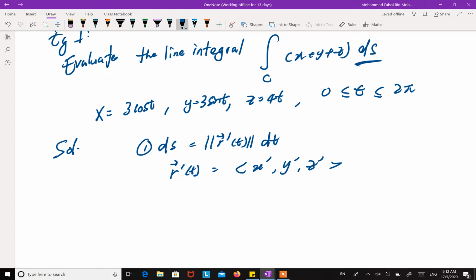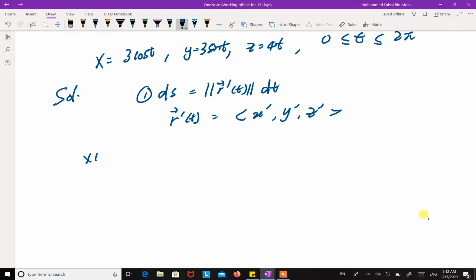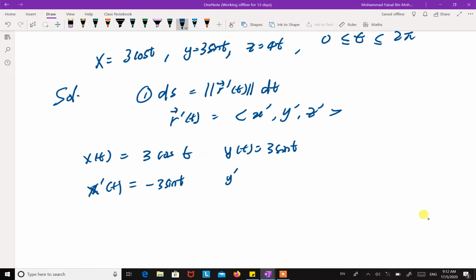So x(t) equals 3 cos t, then x prime will be negative 3 sin t. y(t) will be 3 sin t, so y prime t will be 3 cos t. Differentiate sine will be cos, differentiate cos will be negative sine. And then your z(t) is 4t, and then z prime t will be 4.